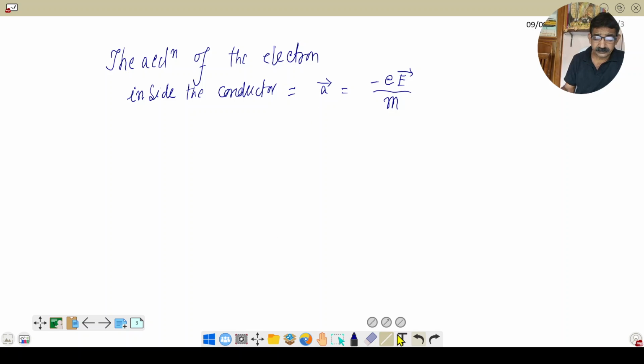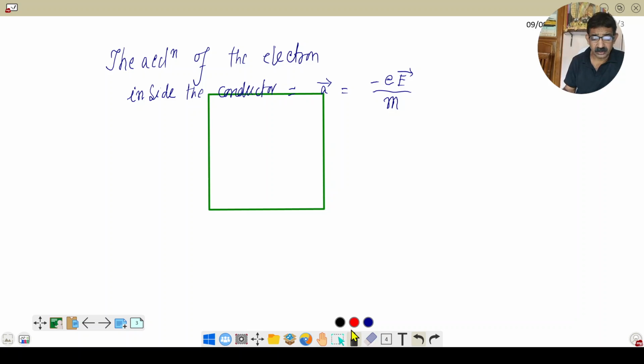So, the electron inside the conductor, when it is under the influence of a field, will experience a force. As a result of the force, this electron will experience an acceleration along a fixed direction, depending upon the direction of the field.